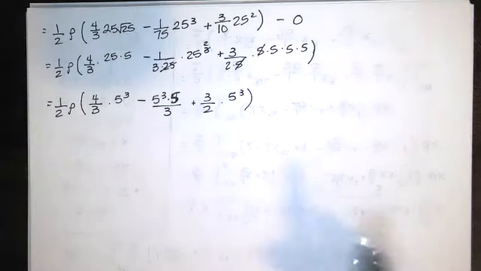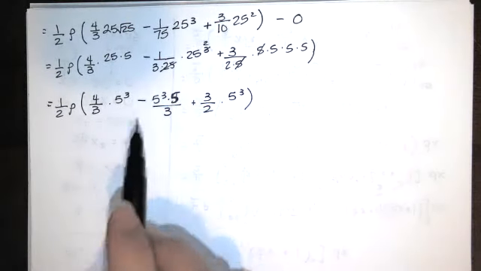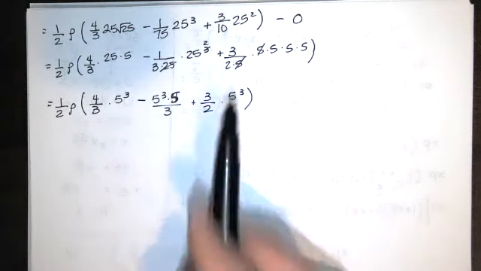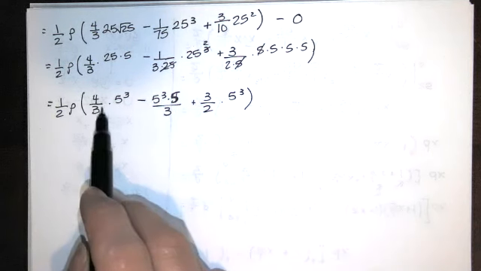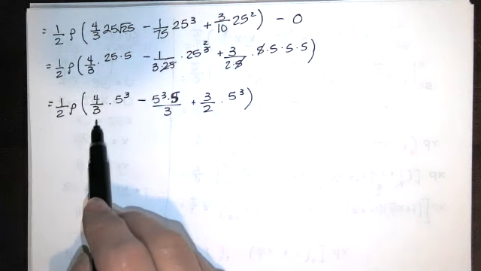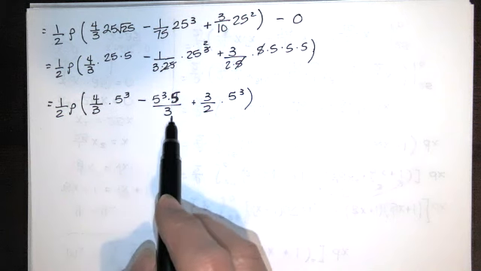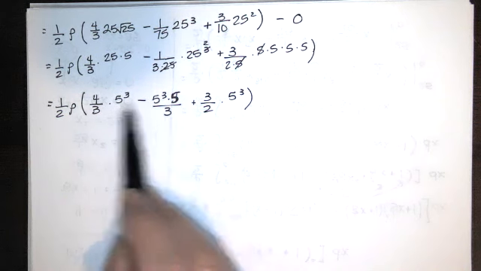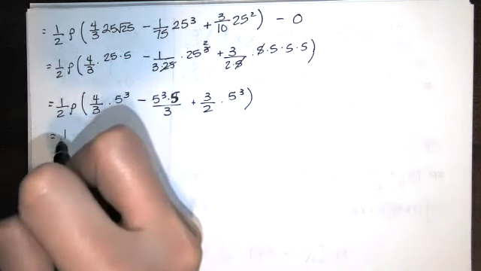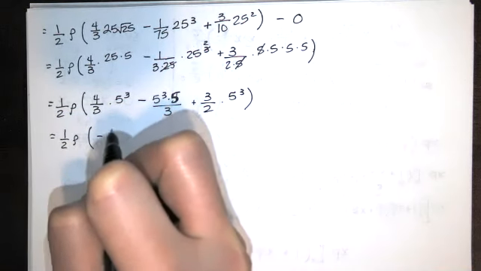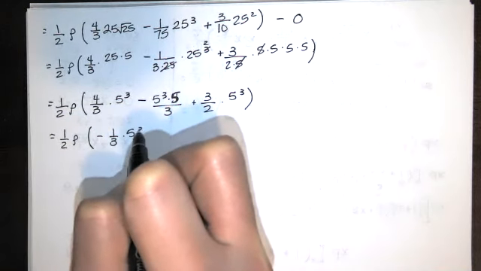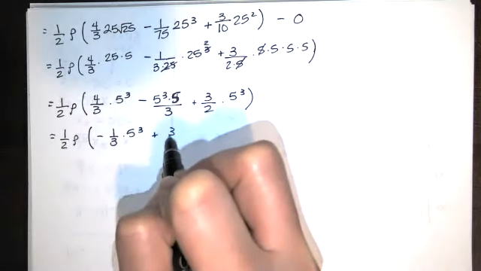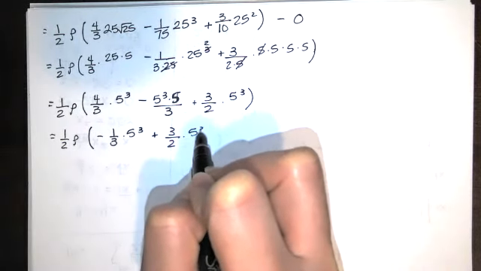And again, the reason why I did that was because I want to simplify this in my head. Now I've got multiples of 5 cubed. So I've got 4/3 of 5 cubed minus 5/3 of 5 cubed. So that's going to be a negative 1/3 of 5 cubed. And then over here, we're adding 3 over 2 times 5 cubed.